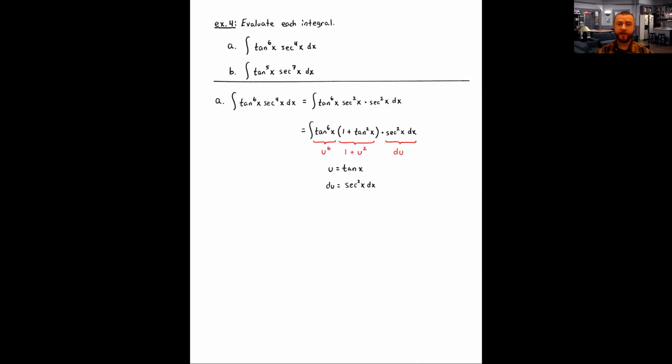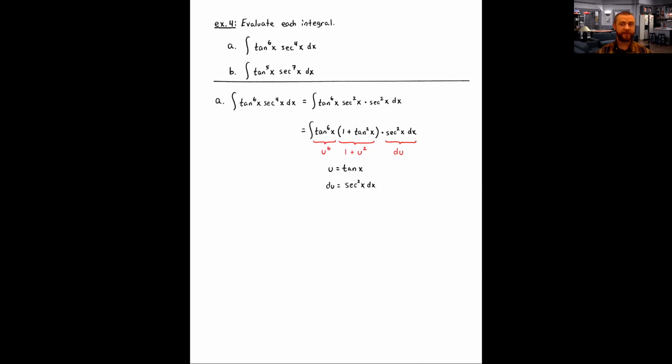If you rewrite all your pieces, now everything falls into place. We're rewriting secant squared as 1 plus tangent squared, and the secant squared x dx factor at the end is du, which means u must have been tangent.